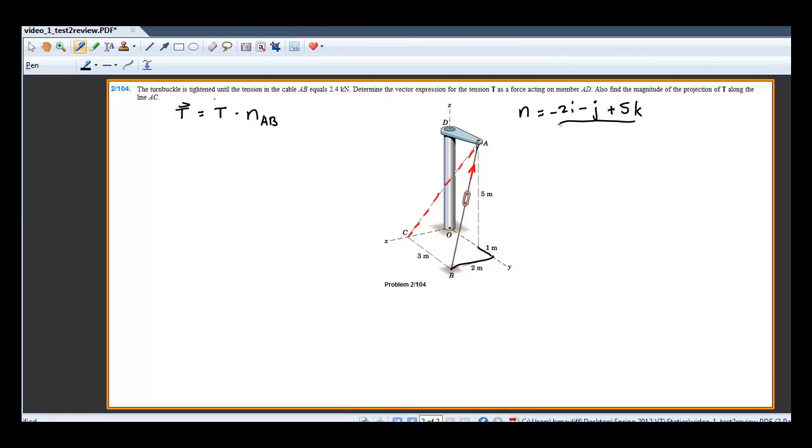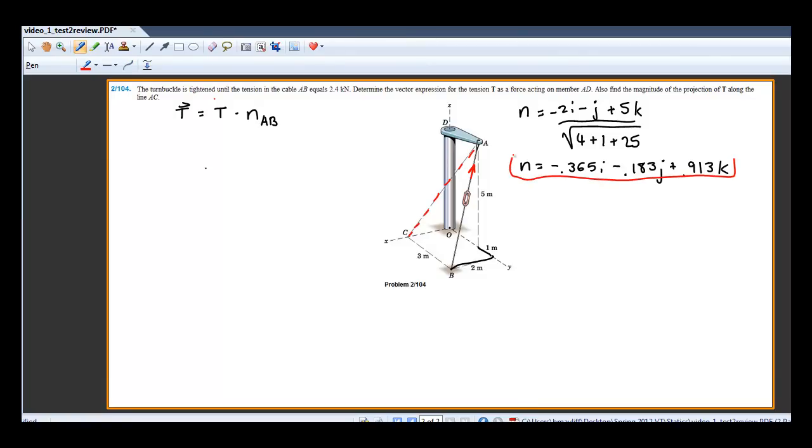You can see that because the tension is going up in this direction, which means negative x, negative y, and positive k. Then we do that all over the square root of each of them squared, so 4 plus 1 plus 25. That gives us the unit vector from A to B or B to A.